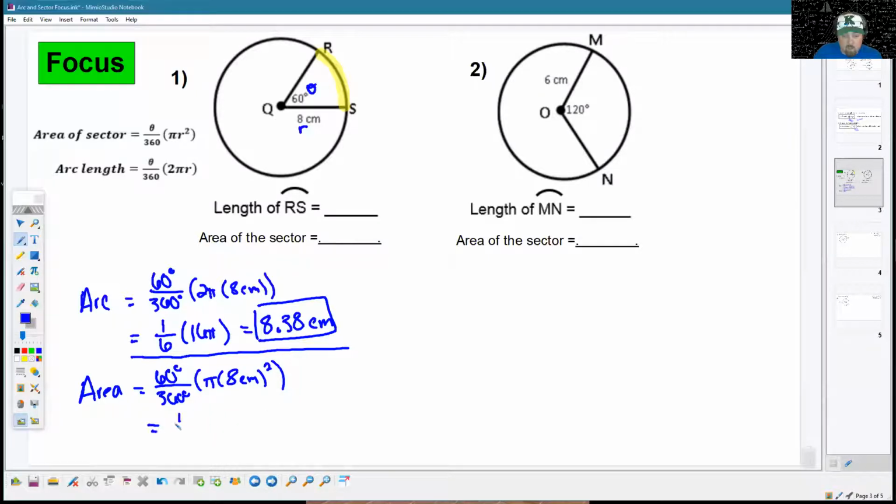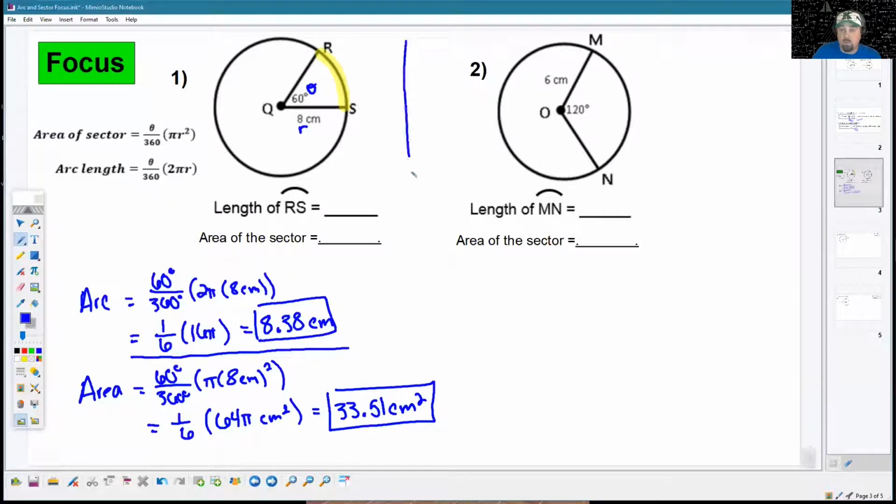So we're going to get 1/6 of 64 pi centimeters squared will be our answer. So we got to go 1/6 again, and hit enter. Then we're going to multiply that by 64 pi. I get 33.51. And those are centimeters squared because area is measured in square units.